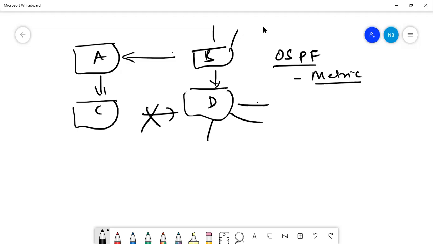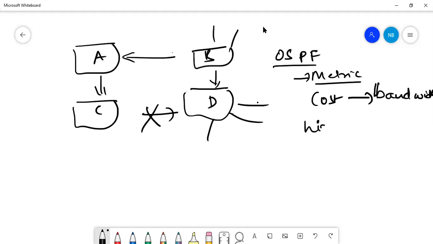Metric is nothing but trying to find out the cost. It is one kind of a weightage which is given for a particular link. So metric is nothing but the cost of the route or the link. The cost is based on the bandwidth which is used here.